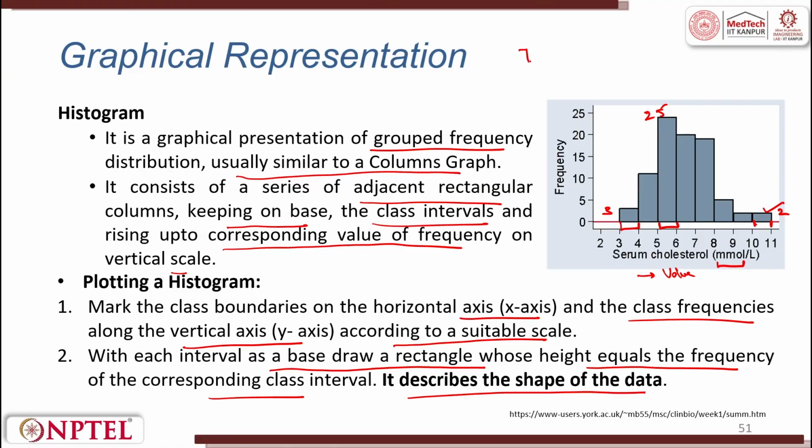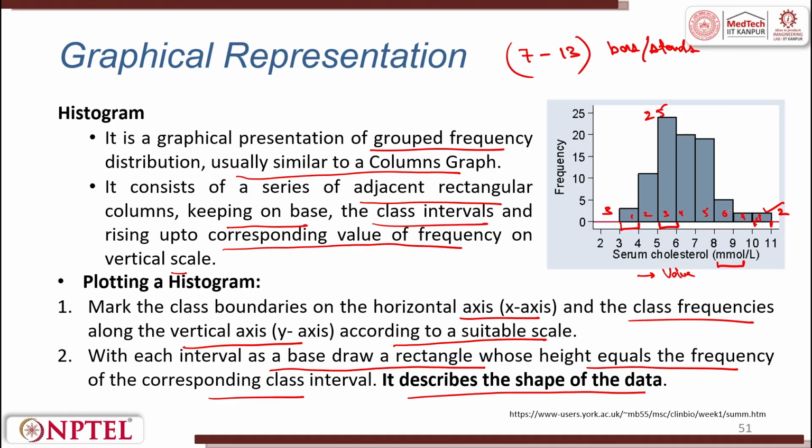There is a range for the number of vertical bars that should be there in a histogram, which is in general between 7 to 13 bars, so that it is visually appealing. Here we have 1, 2, 3, 4, 5, 6, 7, 8.